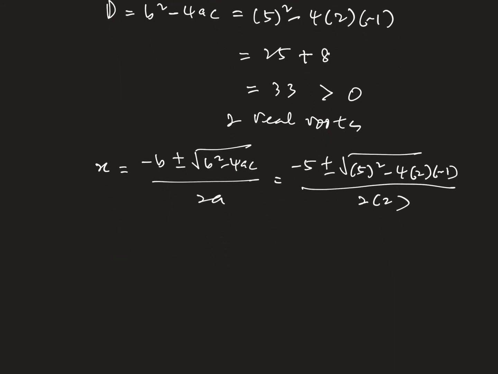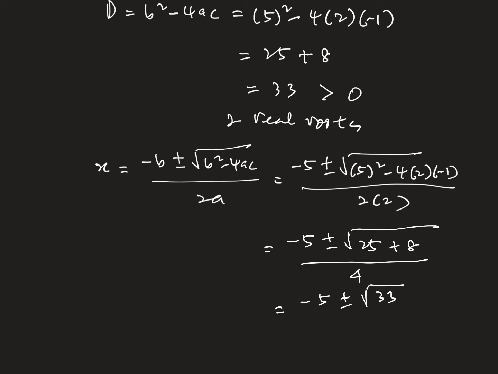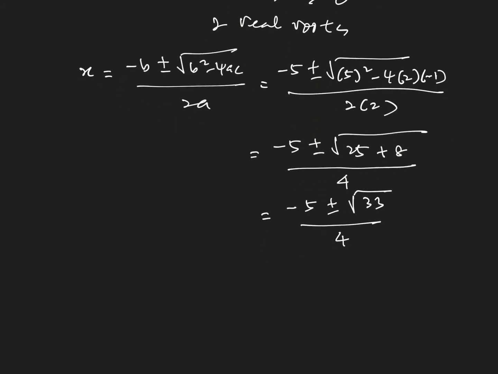This is equal to negative 5 plus or minus the square root of 25 plus 8, over 4, which is negative 5 plus or minus the square root of 33 over 4. So we can see it has two real roots.